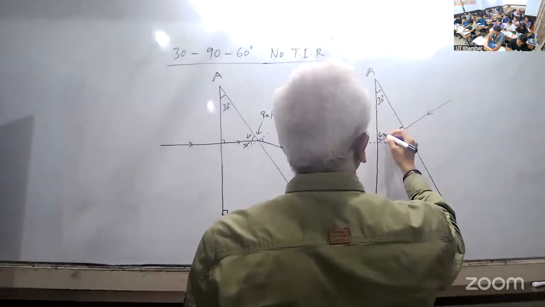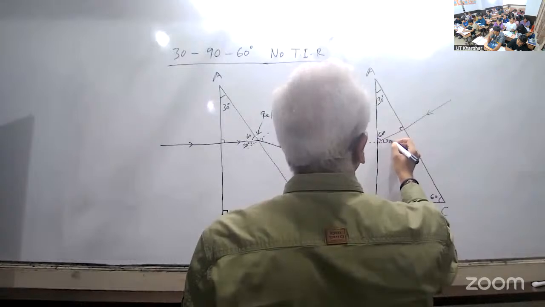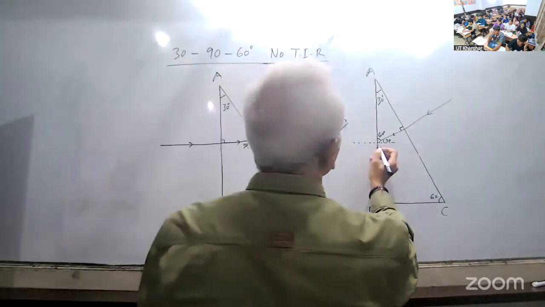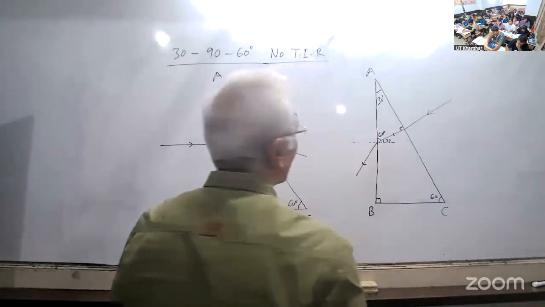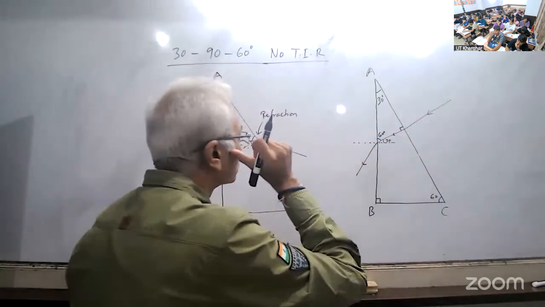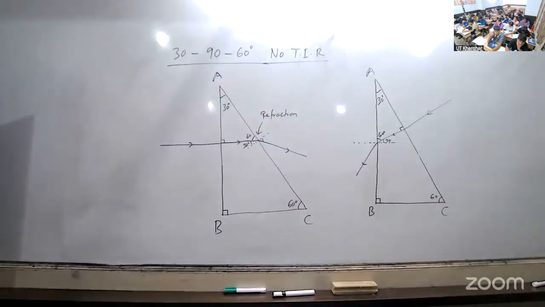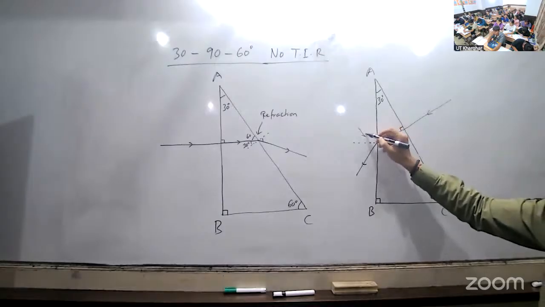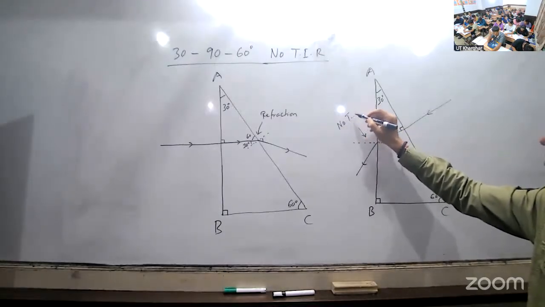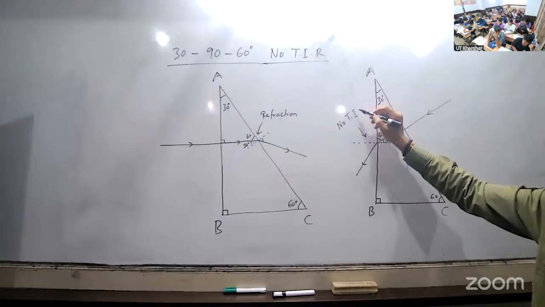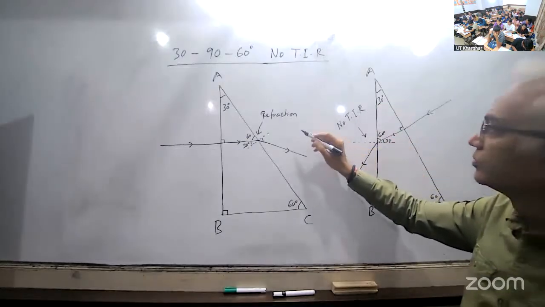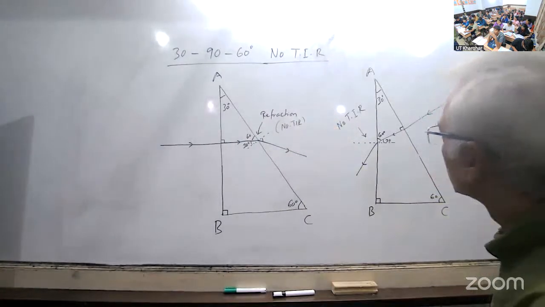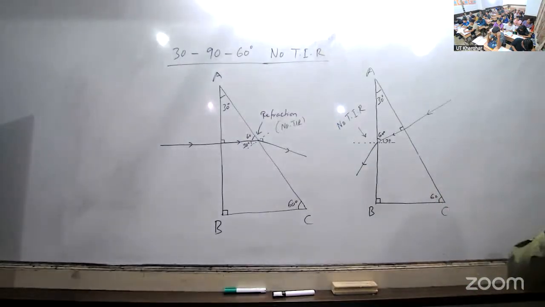So this is 60. Again, this is 30. Right? So this is also refraction. So no TIR is also here. Okay, again refraction is taking place.